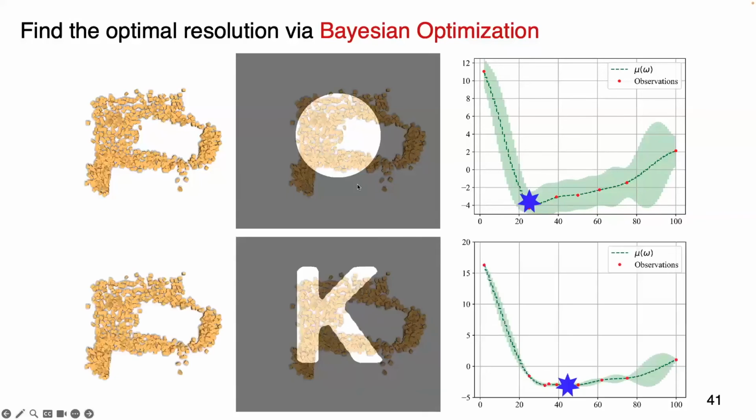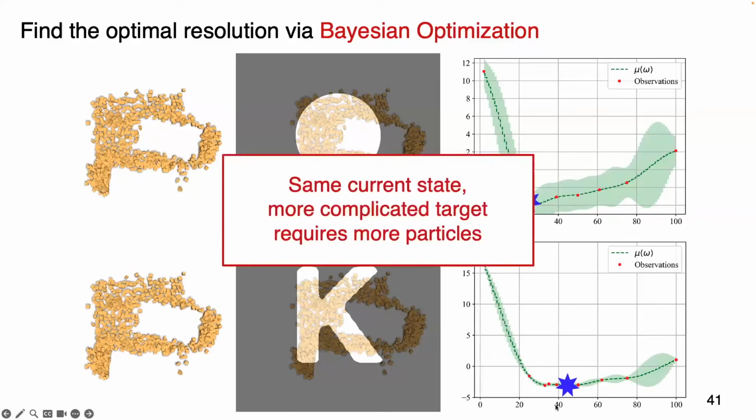And similarly, if we change the target region, with exactly the same initial observation, when the target becomes more complicated, you realize the optimal resolution becomes higher. That means the same current state, but a more complicated target, might imply the necessity of a higher resolution dynamics model.